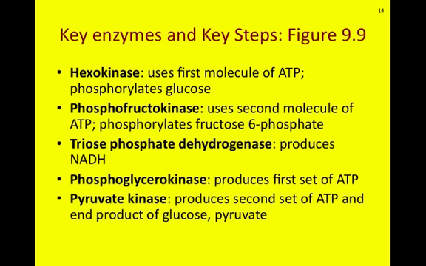Then this end product is known as pyruvate. And this is all very nicely diagrammed in 9.9, and we have a number of exercises available to help you understand how these reactions take place and the importance of breaking down glucose, splitting it into 2, and producing these 2 pyruvates.